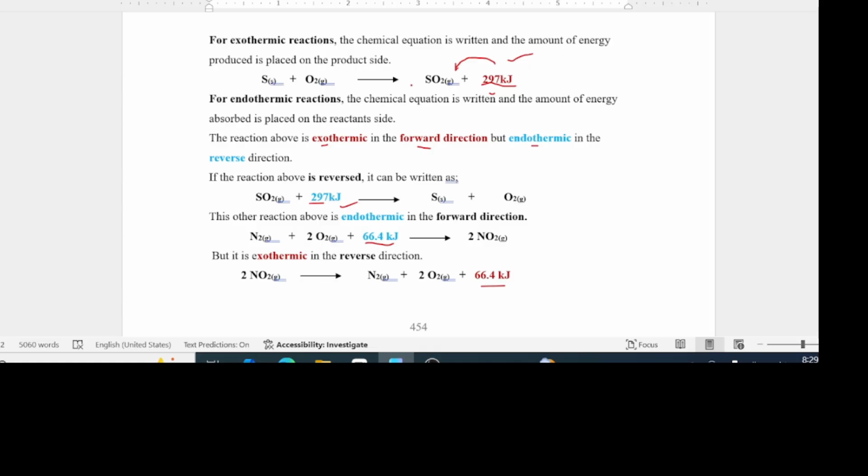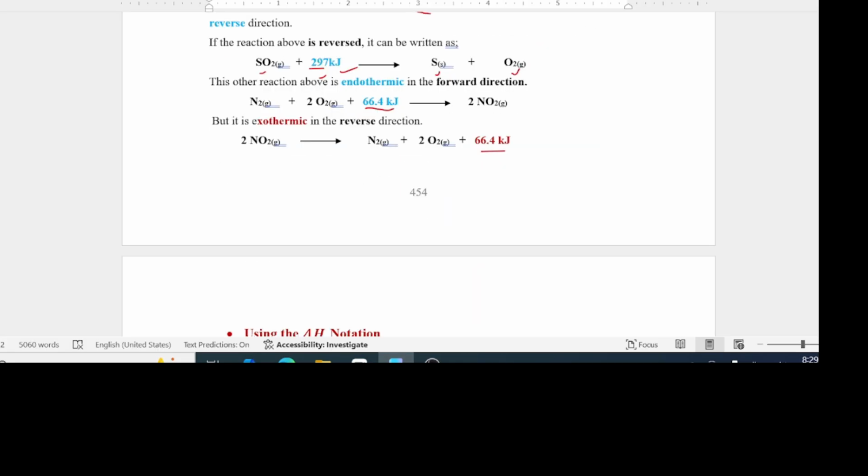So reversing this reaction, we start with what was product here as reactant. I put the sulfur dioxide here and take that as a reactant now, and what were the reactants here become the products. That's very easy to do. To reverse this reaction, place these here as products and then make these reactants.